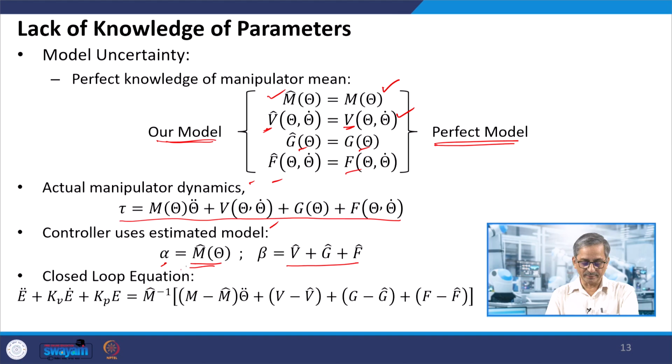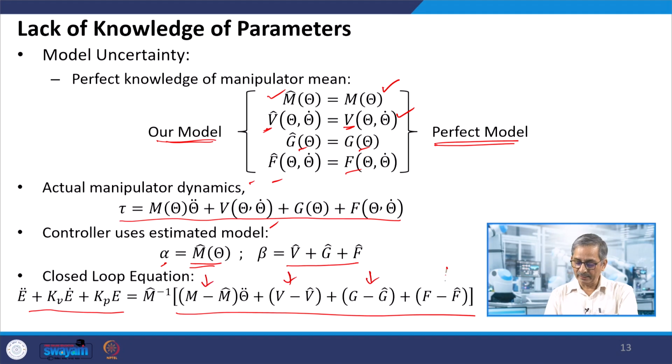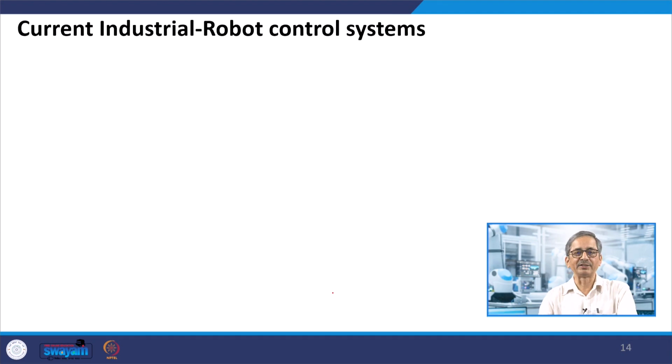If I put these values and get the closed loop equation, this is what it turns out to be. These terms are coming because of my lack of knowledge about the parameters. Because of this, perfect decoupling will not be achieved.